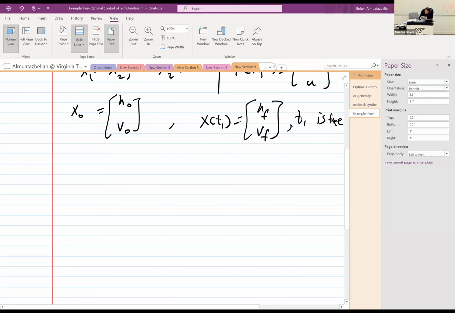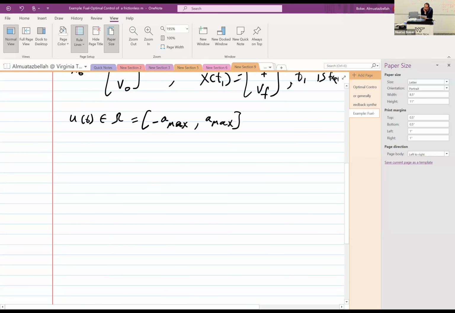U again belongs to a set omega, which is equal to minus A max to A max. And what we are interested in is to minimize the fuel. It would be nice if we can minimize the fuel in minimum time, but our primary concern here is the fuel or the control effort.